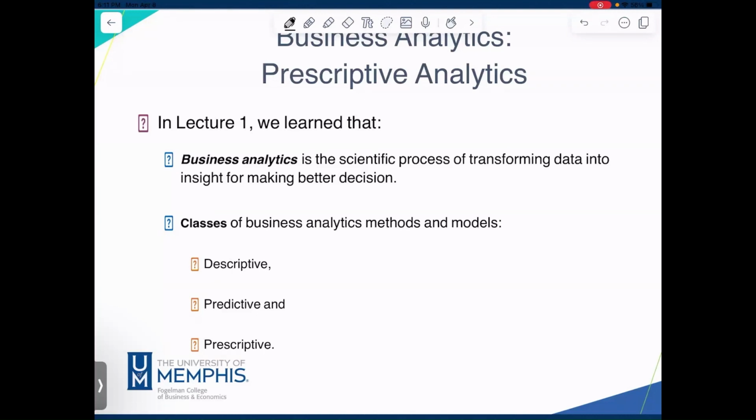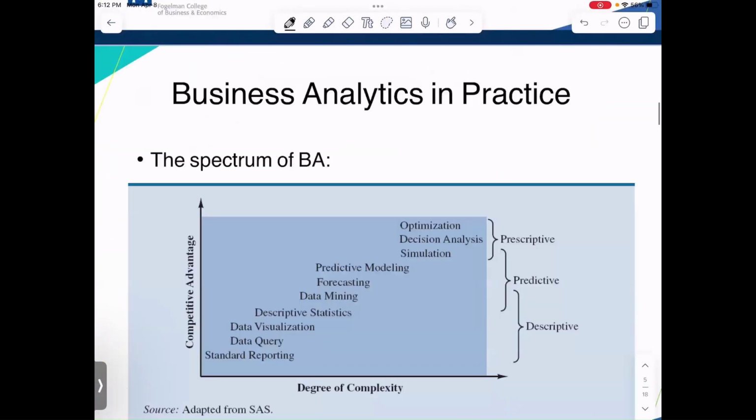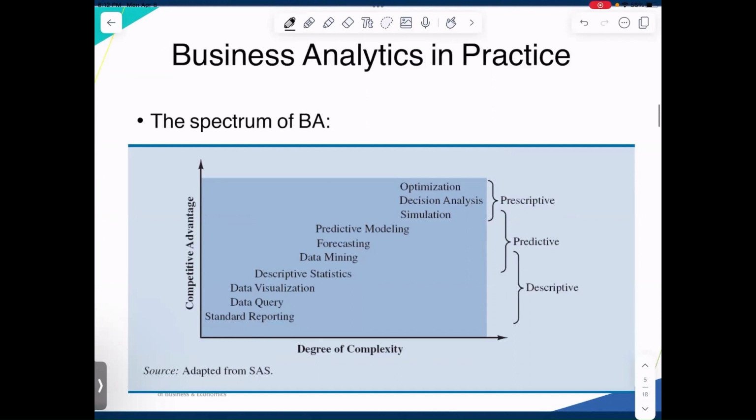We will talk more about that in a while. In terms of complexity, prescriptive analytics are higher than predictive because it's more powerful, because it tells you exactly what to do, okay?